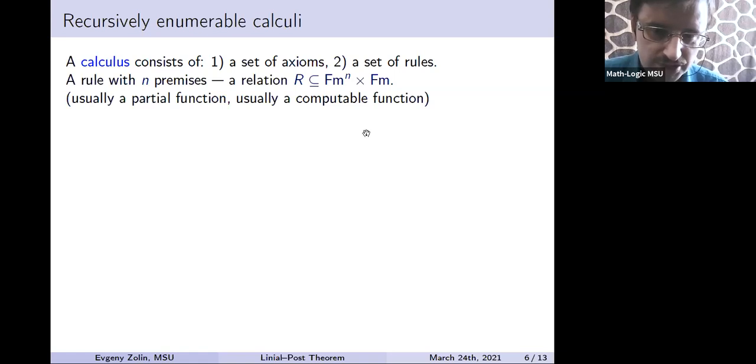Moreover, this relation is usually functional, but only partial functional. For example, modus ponens is a partial function.